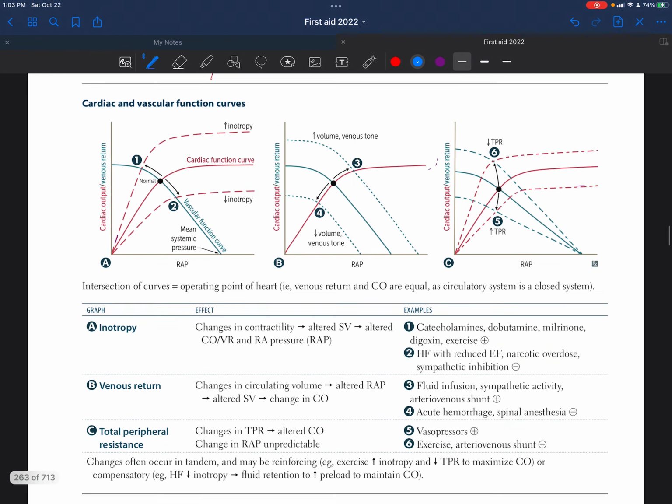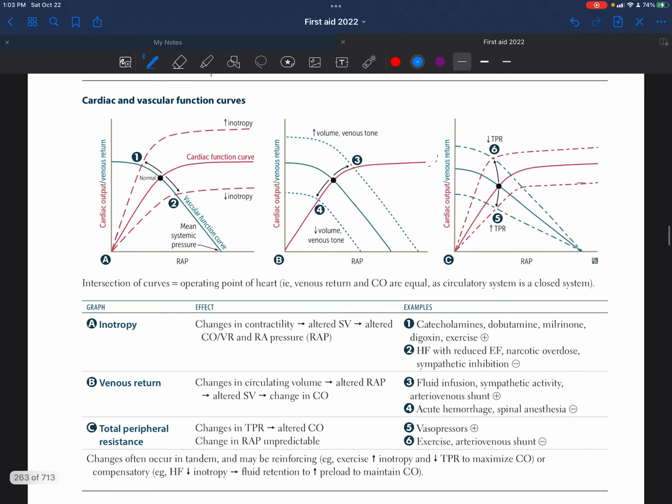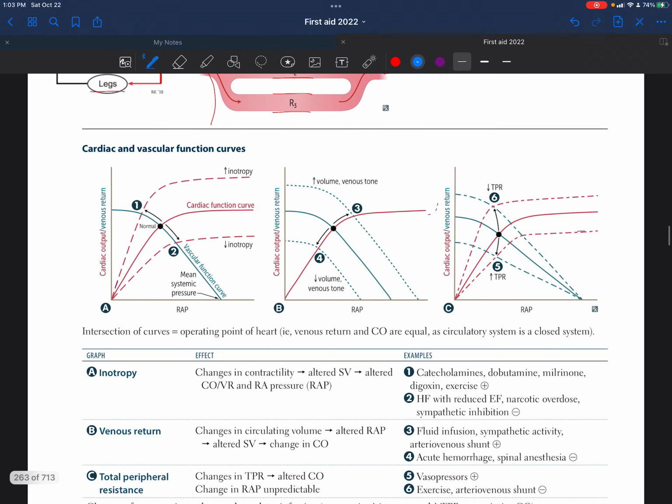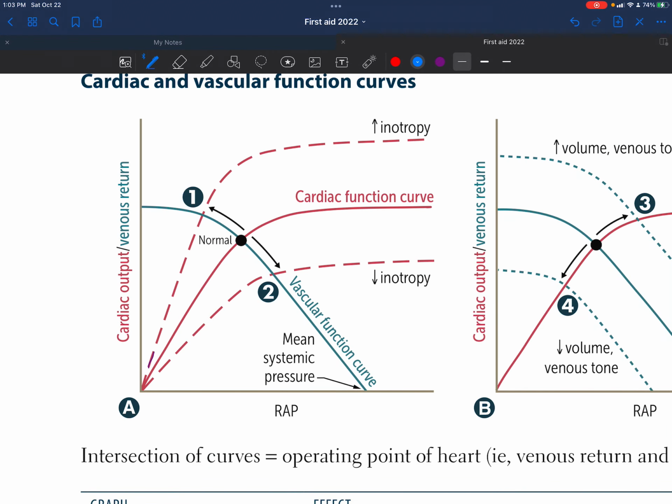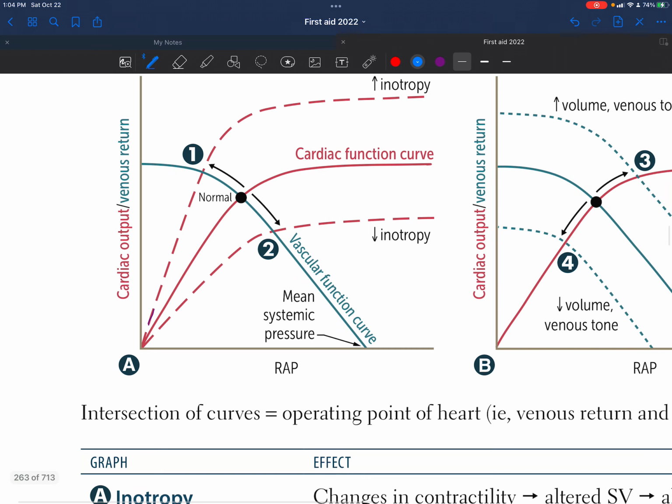So that's for the resistance and pressure flow. Now we're moving to the other part of the page. So for these function curves, we have three main variables. If we take a look at this graph first, let's understand the basic points that are needed to understand all of these graphs.